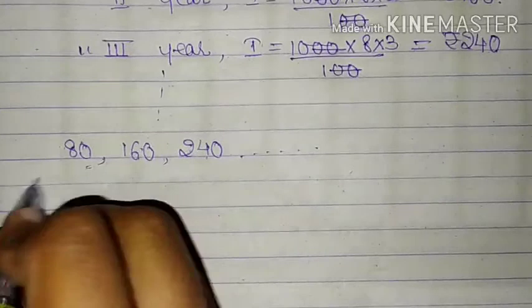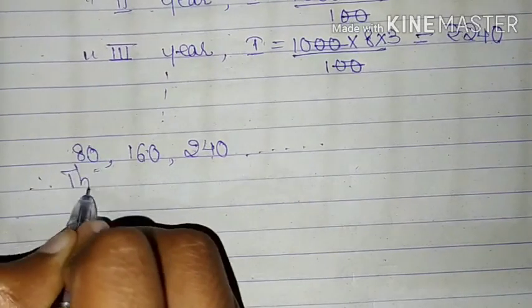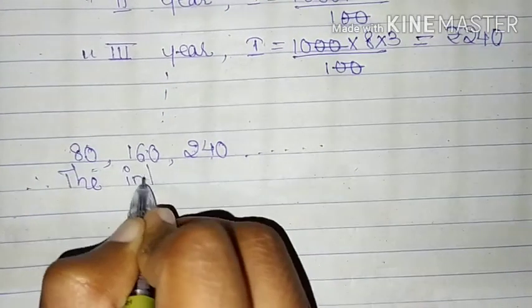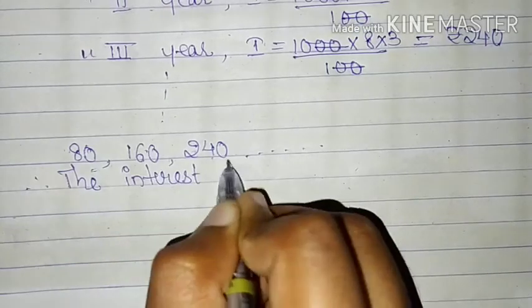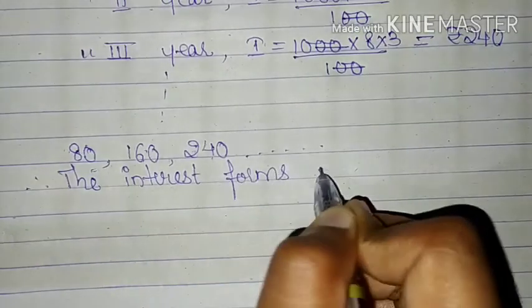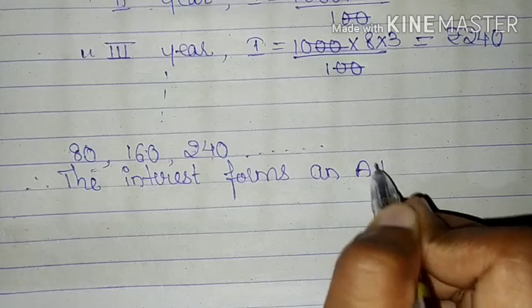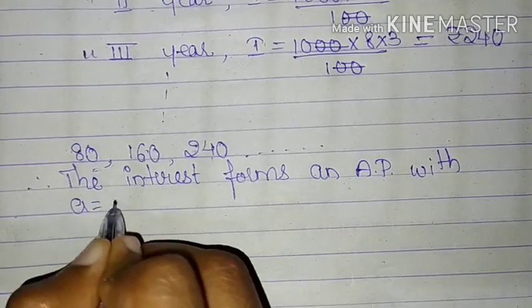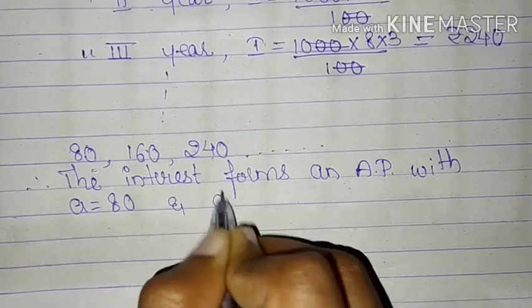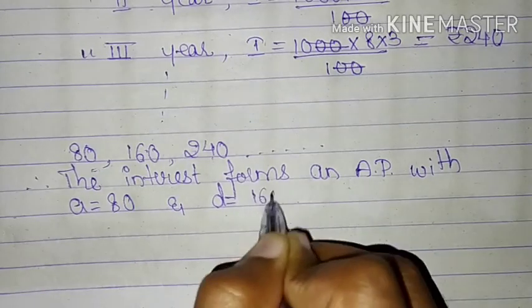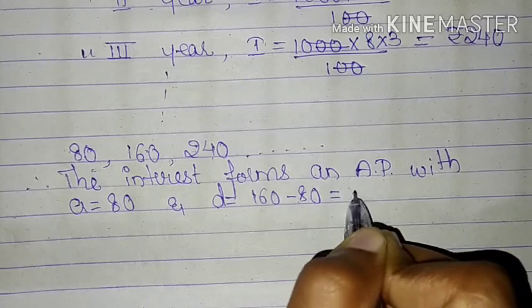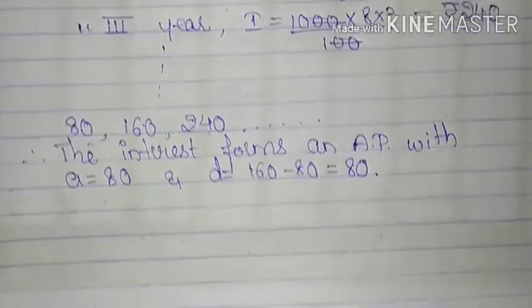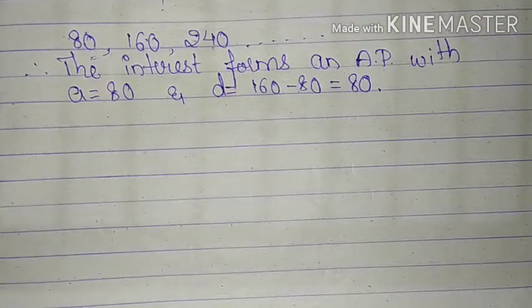So I can write, therefore the interest forms an AP with A is equal to 80 and D is equal to 160 minus 80, which is equal to 80. So now, since it forms an AP, we have to find the interest at the end of 30th year.